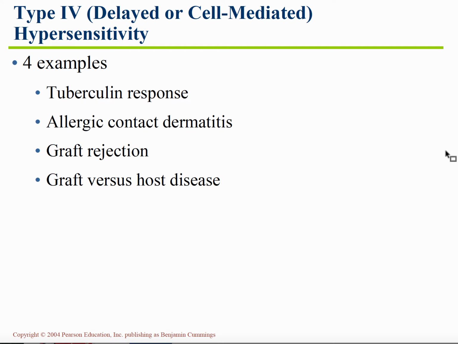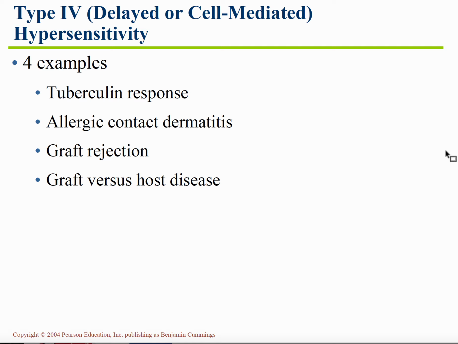So what they're looking for is this type 4 hypersensitivity. They're looking to see if what they're sticking under your skin is tuberculosis antigen. And if you've come in contact with tuberculosis before, if you've been exposed or infected, would you have made T cells against it? Yeah, so in 72 hours, those T cells would have gone to that site and caused a response.